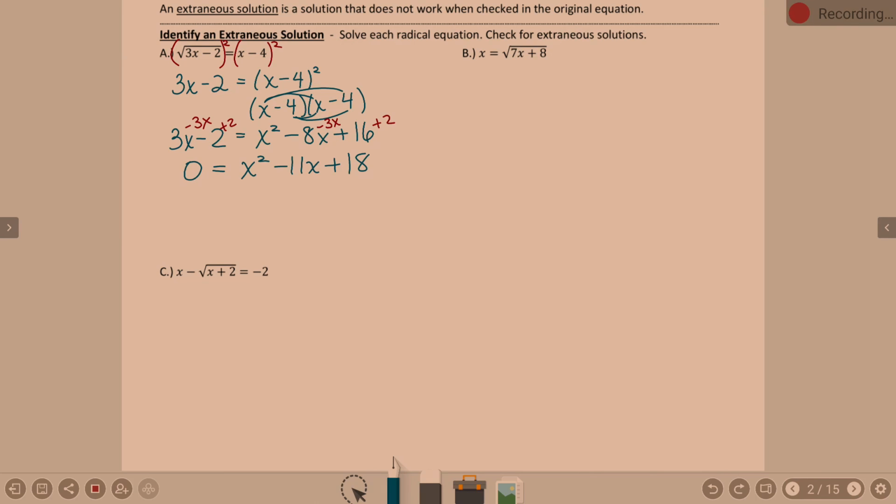Algebra skills, how do we solve? You multiply to 18, you add to negative 11. Okay. Two numbers that multiply to be 18, add to be negative 11, meaning what are we hoping to do? We are hoping to factor.